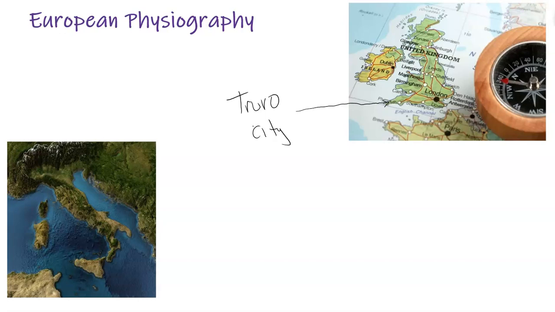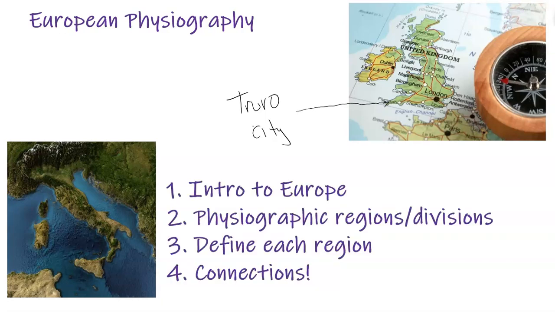All right, so this video is all about physiography, and we're going to introduce it, an intro to Europe. We're going to introduce Europe as a very large peninsula, a part of Eurasia.